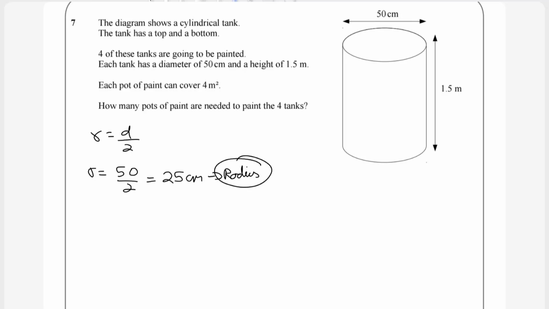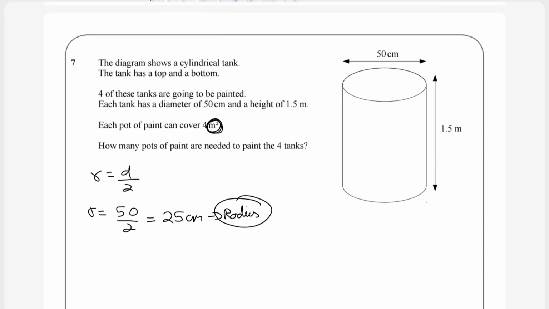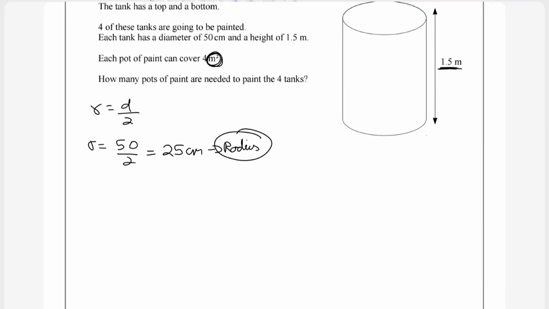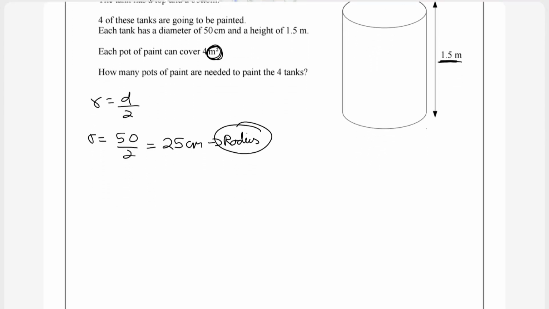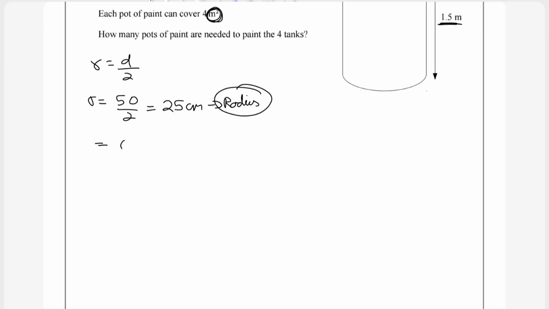Since we got the radius, you see that each pot can cover 4 meter square, the height is also 1.5 meter, but the diameter is given in centimeter, so we have to convert the 25 centimeter radius which we calculated into meter, which is 0.25 meter.